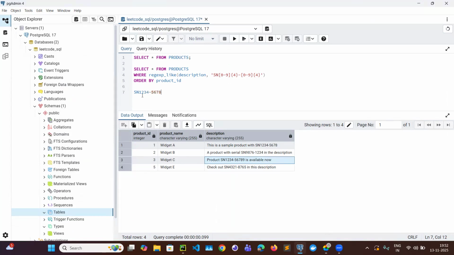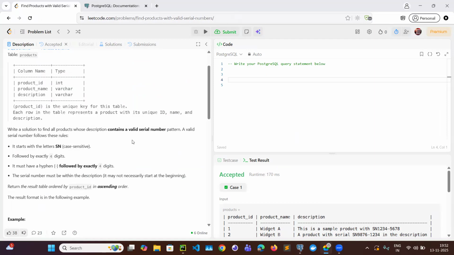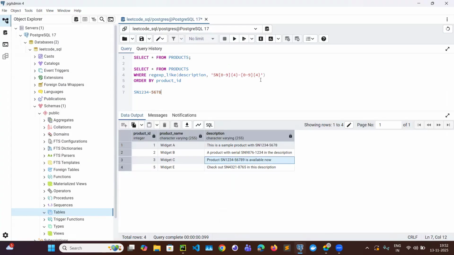They have mentioned there should not be any digit, but they did not mention whether it can contain characters or not. So it can contain characters hopefully, because they have not mentioned anything like that. But it should not contain any digit, because they have mentioned exactly 4 digits. Exactly 4 digits means after that there should not be any digit.